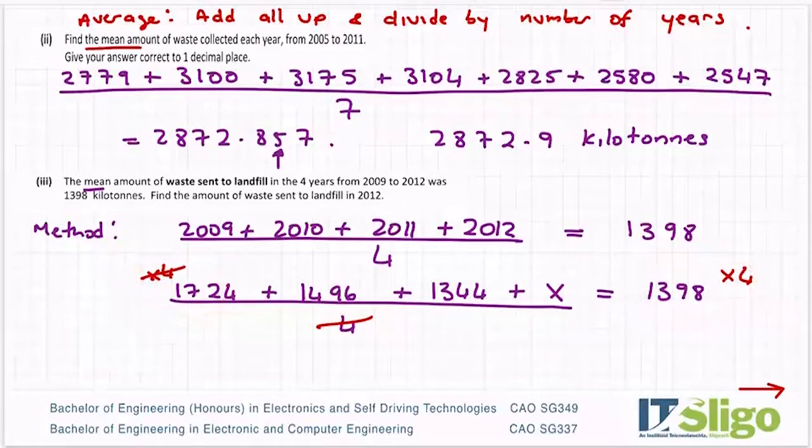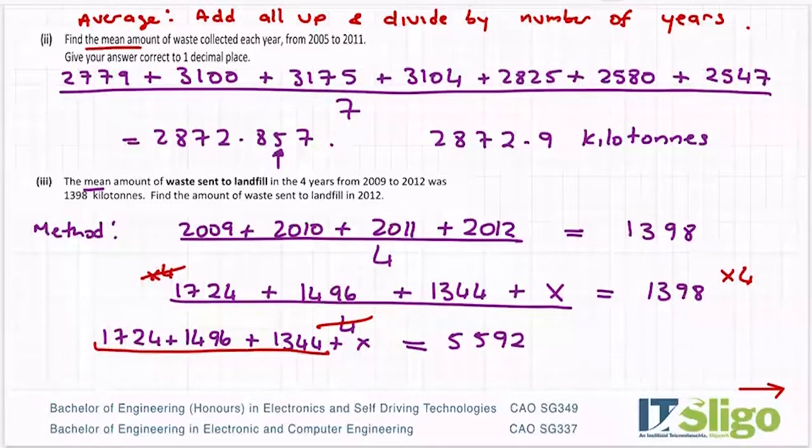So I end up getting 1724 plus 1496 plus 1344 plus x being equal to, on my calculator, 1398 multiplied by 4, which is 5592. Let's add up these three numbers: 1724 plus 1496 plus 1344, and I am getting 4564 plus x being equal to 5592.